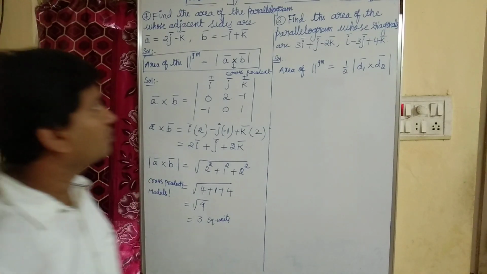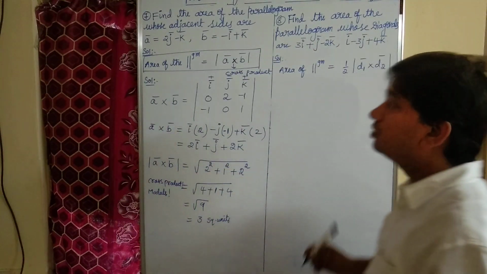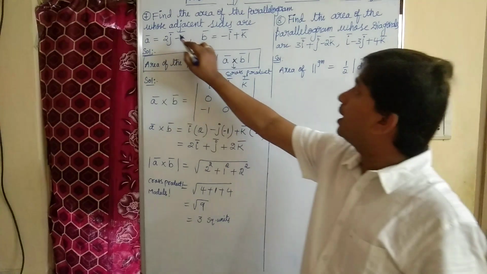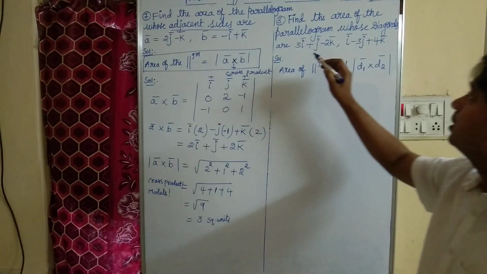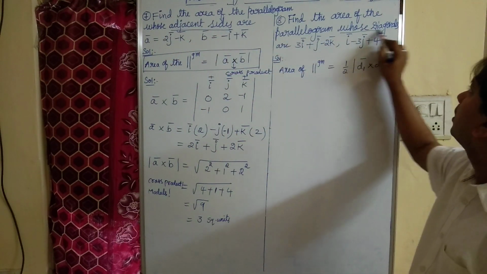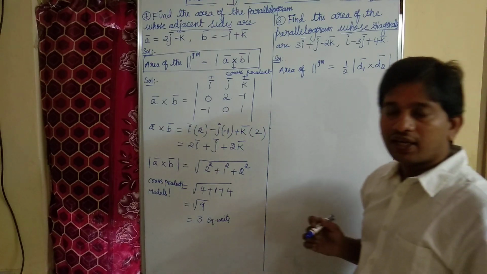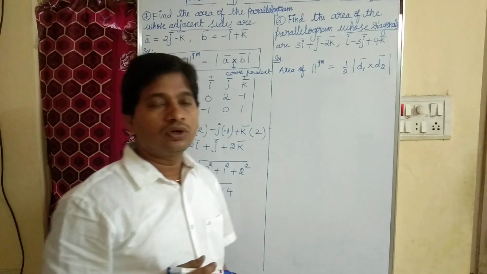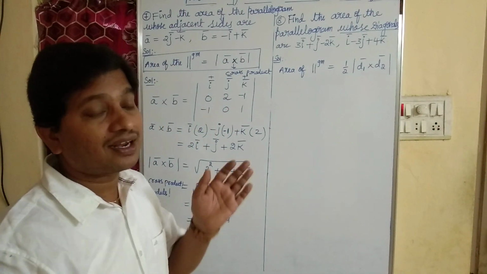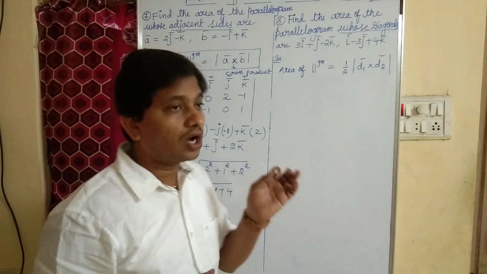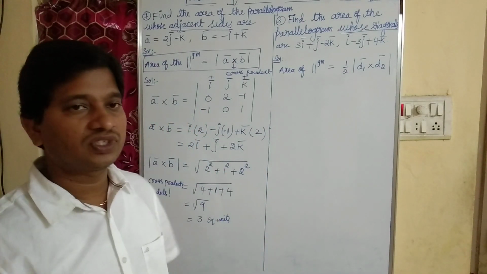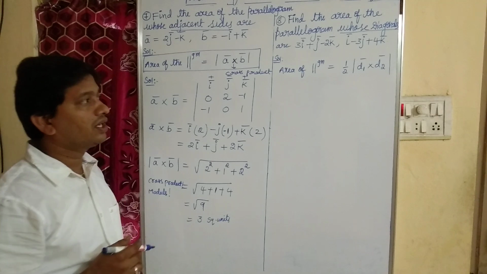Now coming to the second question, here also find the area of the parallelogram. In the previous one adjacent sides were given, but in this case they have given diagonals. Find the area of the parallelogram whose diagonals are given. You know that if the diagonals are given, the area is half into the modulus of d1 cross d2.